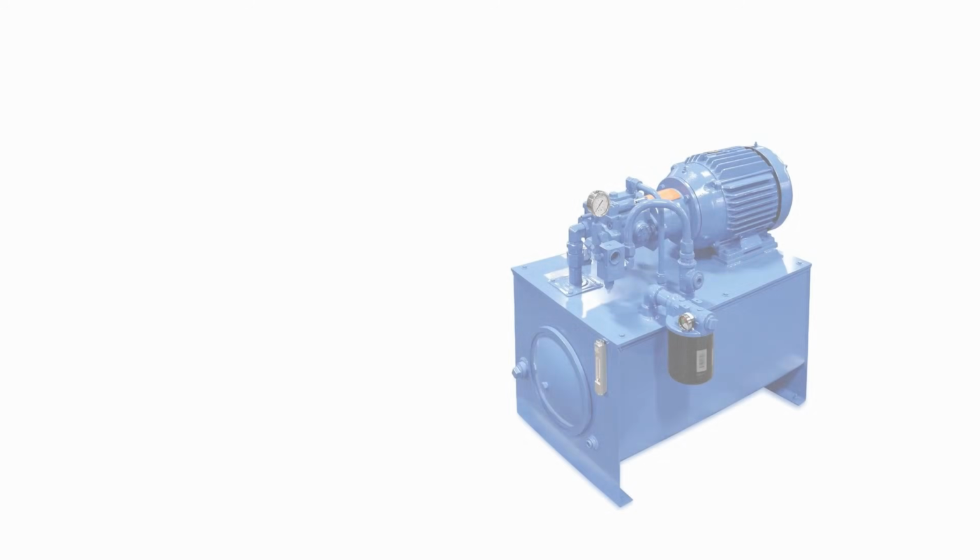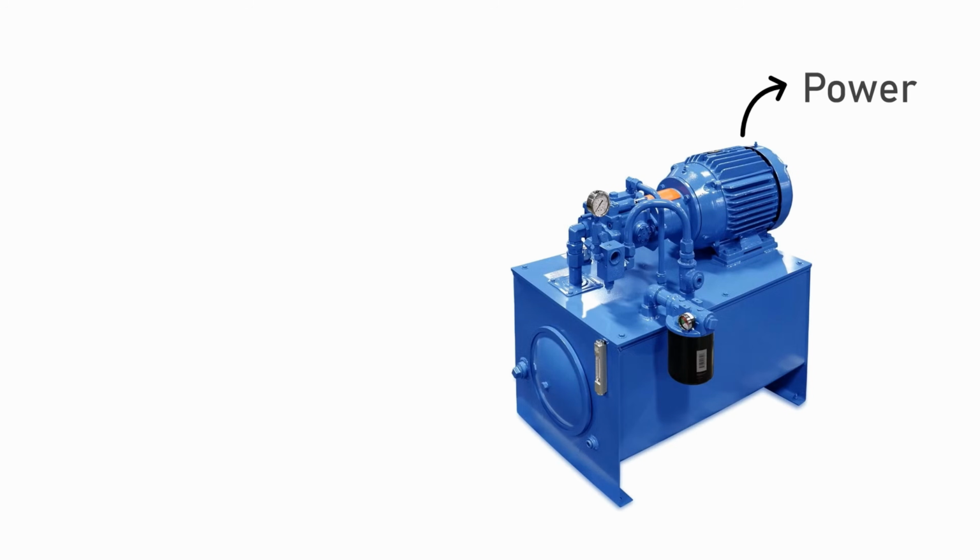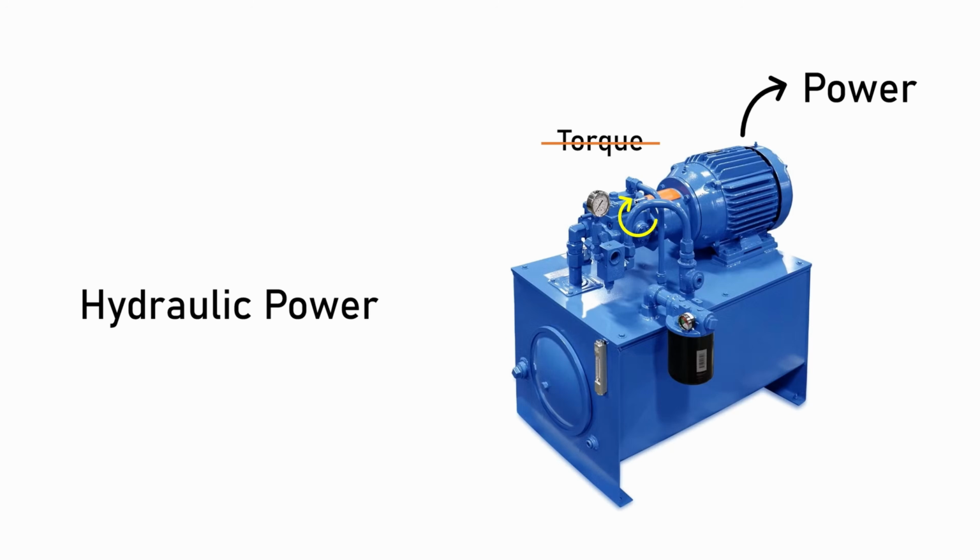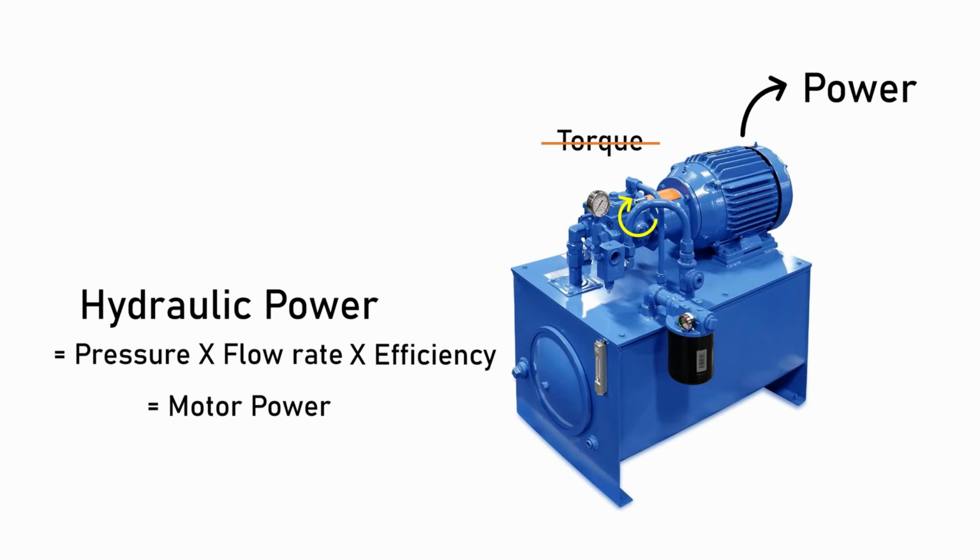For example, if we're sizing the motor for a hydraulic pump, I'm not going to calculate required torque. Instead, I will directly estimate hydraulic fluid power, which is the system hydraulic pressure times flow rate. And then considering the hydraulic efficiency, we can estimate the required motor power.